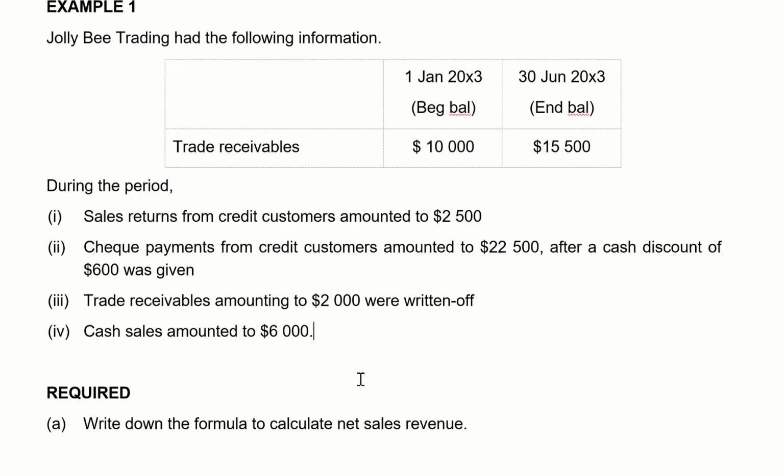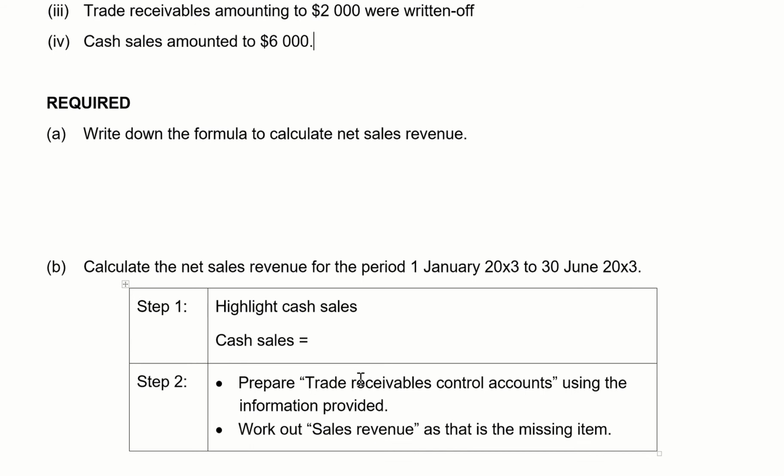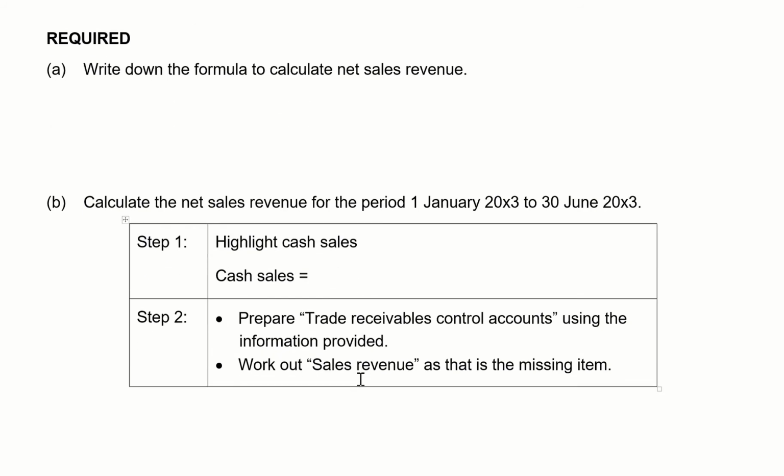Alright? So the first thing they want you to do is write down the formula to calculate net sales revenue. If you remember your income statement, how do you calculate your net sales revenue? Maybe I'll let you think a little bit for 5 seconds. Looking at your income statement, how do you calculate your net sales revenue?